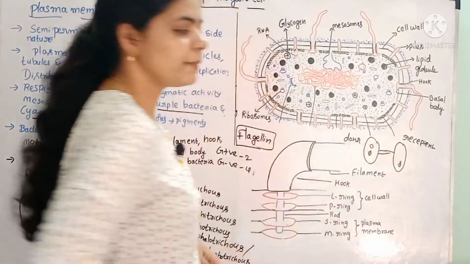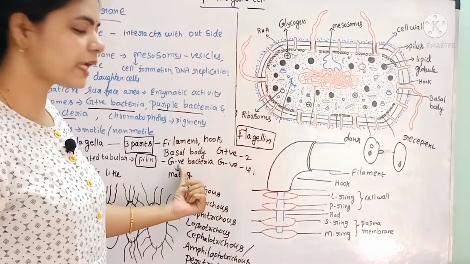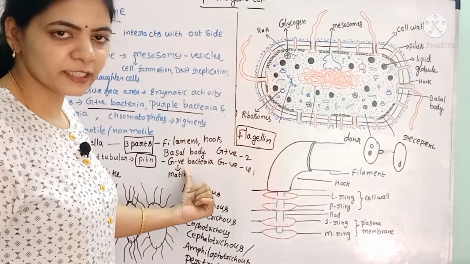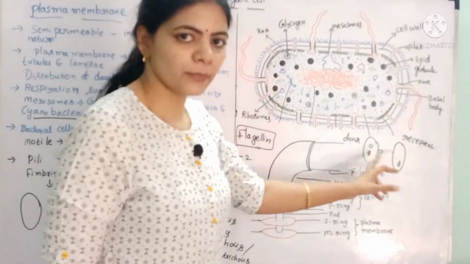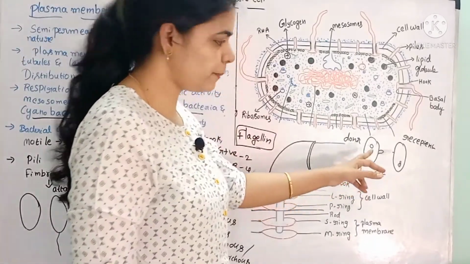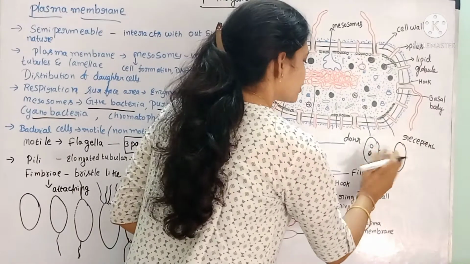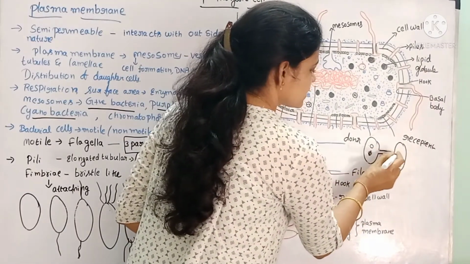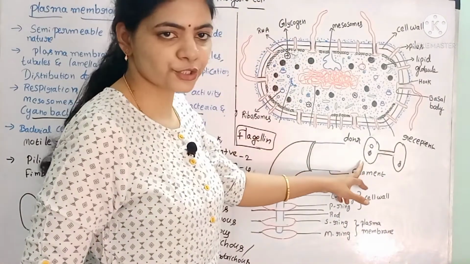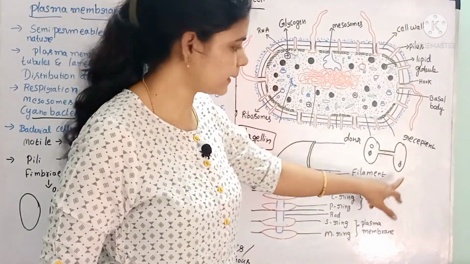So in gram-negative bacteria, the pili help in the conjugation process. The pili present on the surface of the bacteria form a conjugation tube with its mate. So this is the conjugation tube. This is the donor bacteria and this is the recipient bacteria.